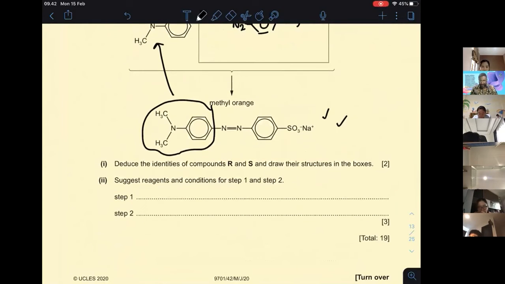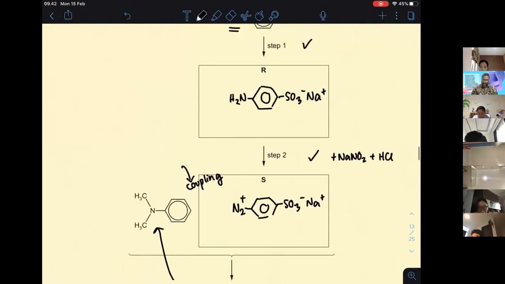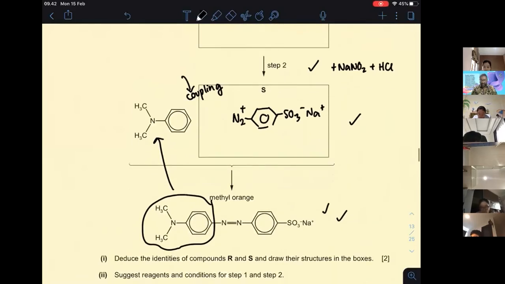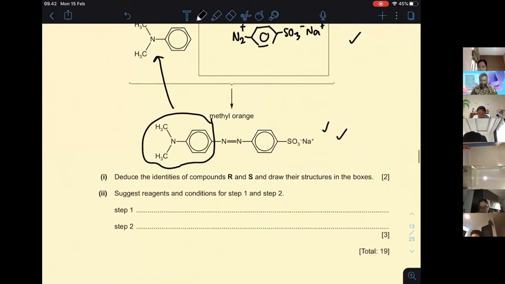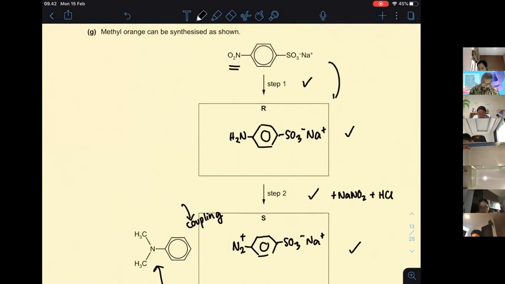Deduce the identity and draw the structures in the boxes. This is going to be phenylamine, and this is going to be benzene diazonium salt. Suggest the reagent and the conditions.